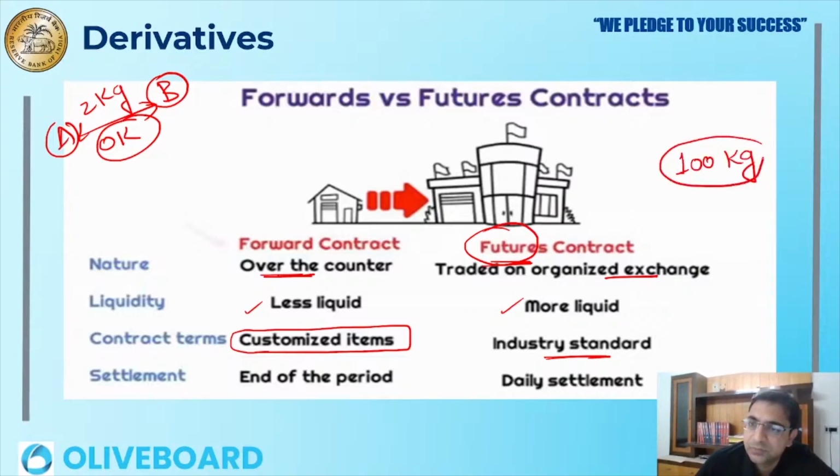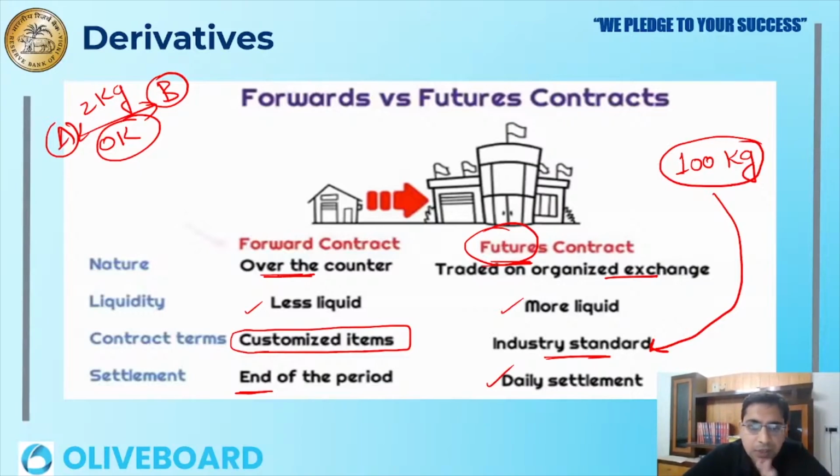So there is an industry standard associated with it. The forward contract is settled at the end of the period after maturity, and futures are settled with daily settlement. So a future is more organized, and a forward contract is less organized.